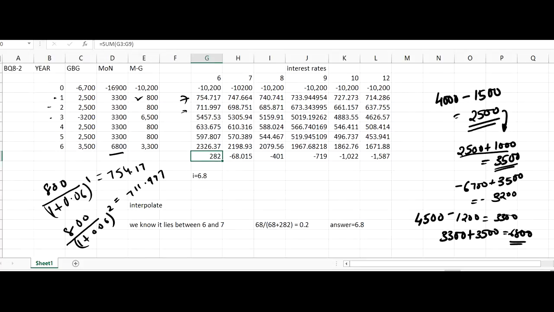So it has to be calculated as the minimum of these two, that is 68 divided by 68 plus 282, which will give you a value of 0.2, and we know that the value should be between 6 and 7. So if we get a value of 0.2, it will be 7 minus 0.2, which gives you a value of 6.8. So the final answer is 6.8 percentage.